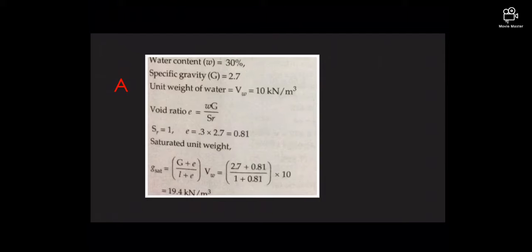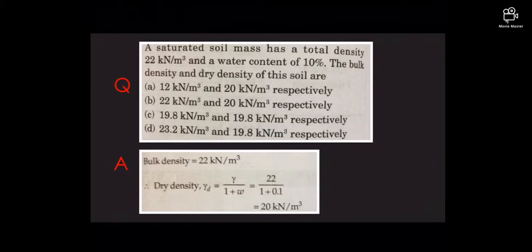E we are getting from the same equation, G into W by SR. So water content, specific gravity and unit weight of water are given, void ratio we are getting from G into W by SR, and just substitute in the saturated unit weight equation. We are getting 19.4 kilonewton per meter cube as the answer.